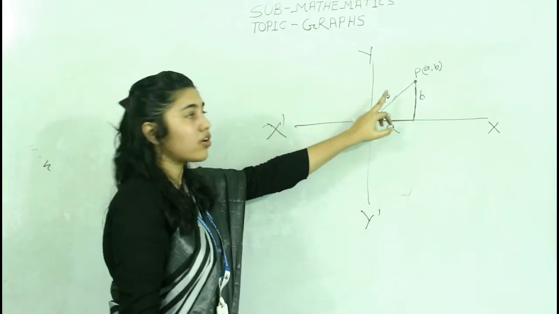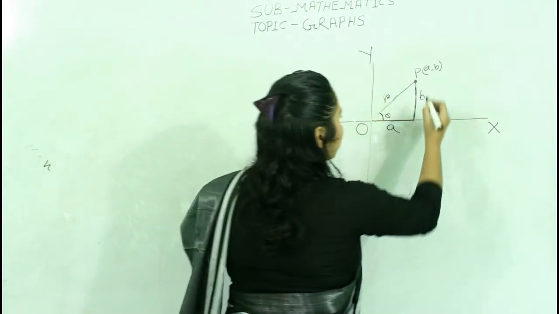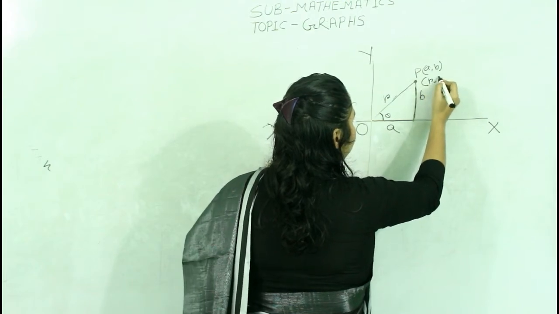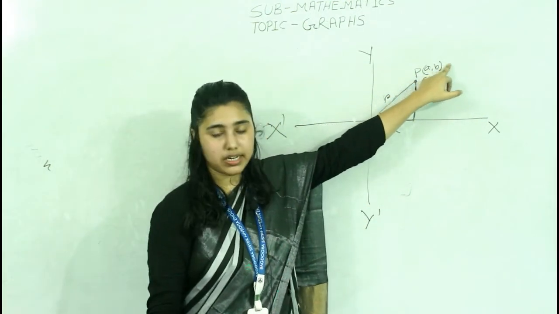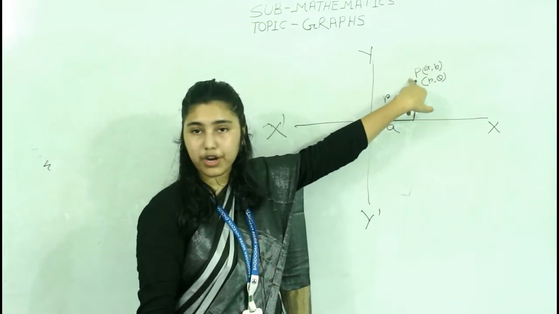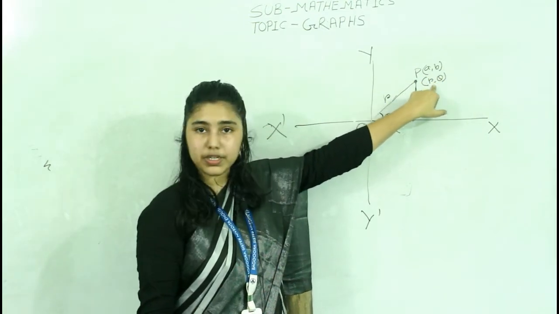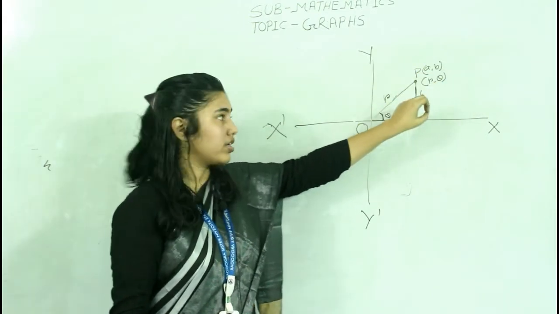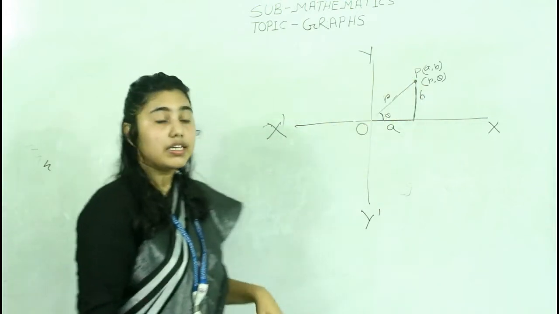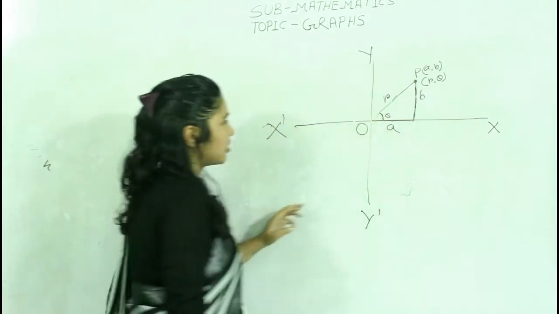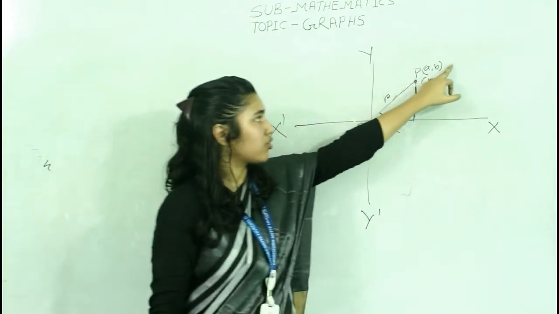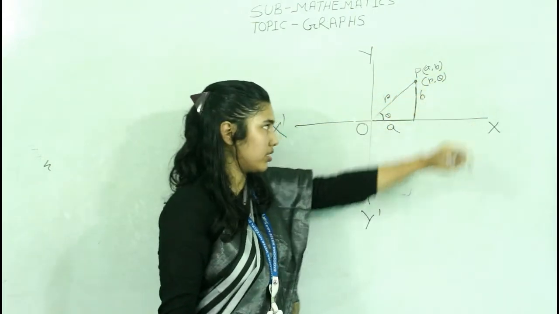Then the polar coordinate of this point P will be (r, theta). So (a, b) is the Cartesian coordinate of this point P and (r, theta) is the polar coordinate of this point P. Now we have to learn the relation between the Cartesian coordinate and the polar coordinate.